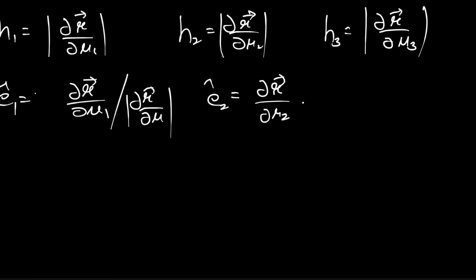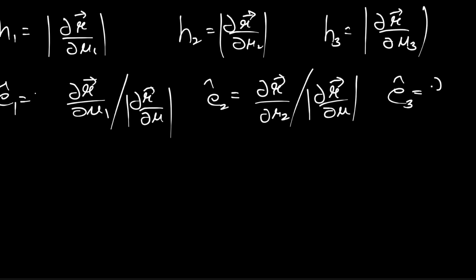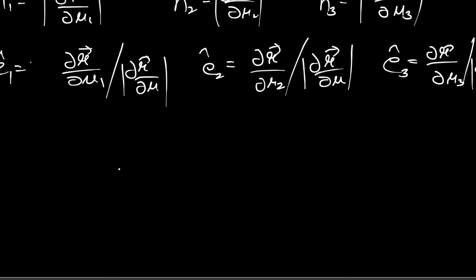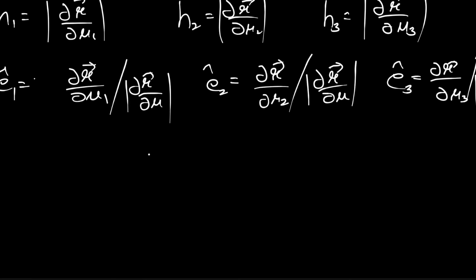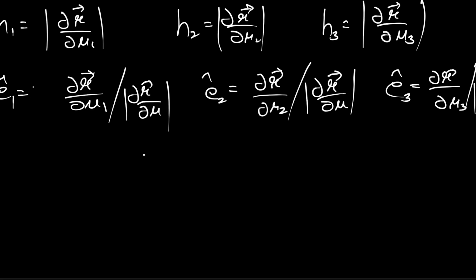Then you divide by its magnitude, and similarly for u3, divided by its magnitude. e1, e2, e3 are the unit vectors in the particular directions, and if you find the values for the Cartesian coordinates, we can try.